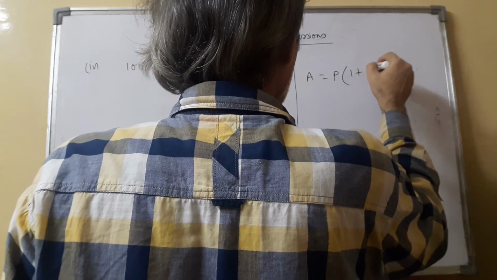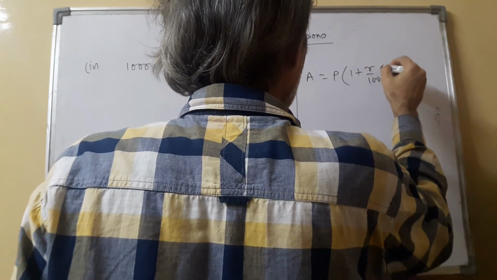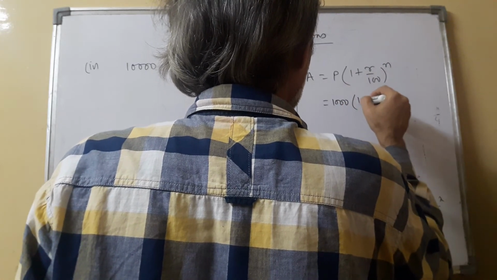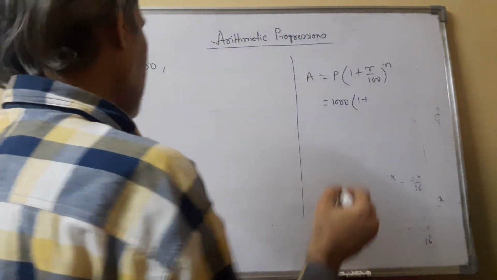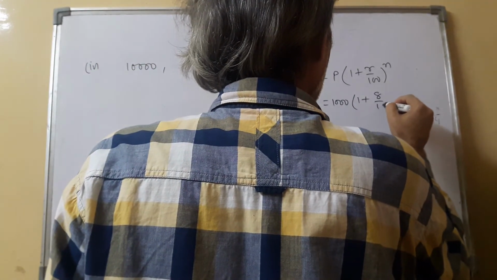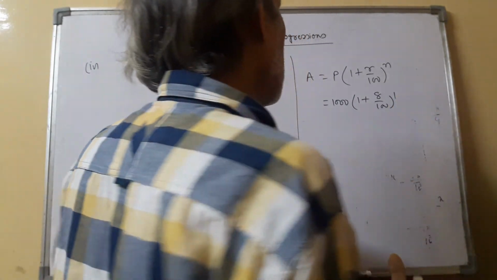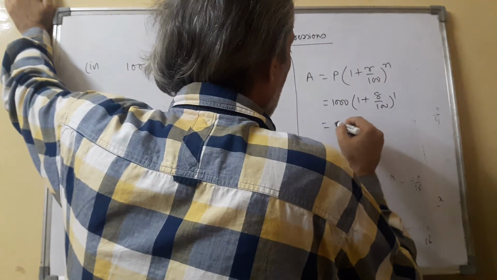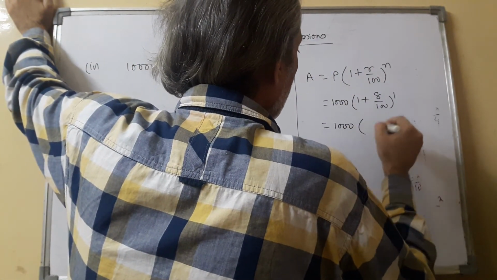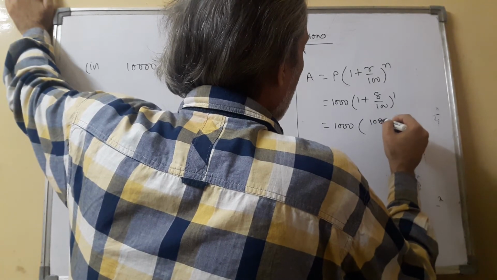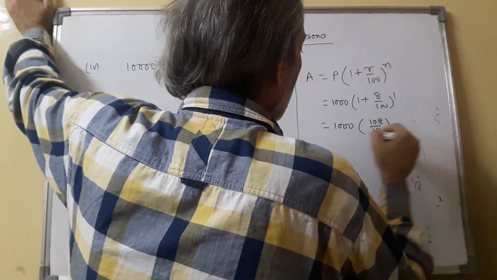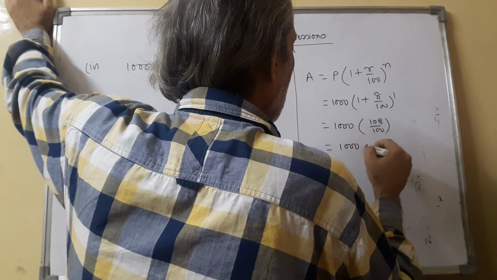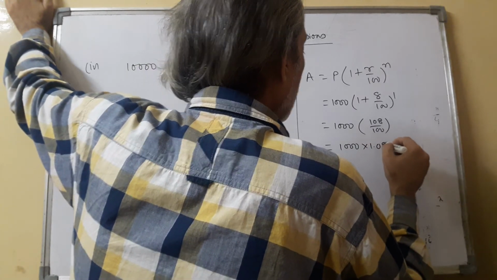So just use the compound interest formula. Rate is 8% per annum, 1 plus 8 upon 100 raised to the power 1. Simplify this, we are getting 108 upon 100, this into 1.08.